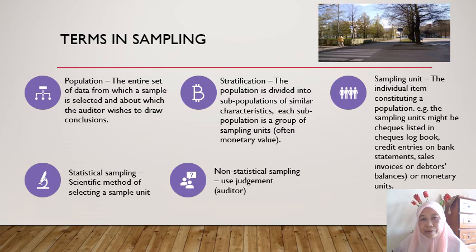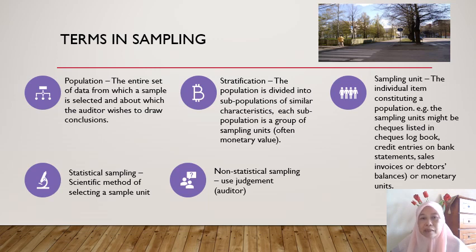Before we go into detail on what audit sampling is, let's look at the important terms in sampling. First, the population. What is a population? It's the entire set of data from which a sample is selected and about which the auditor wishes to draw conclusions. Next, stratification.